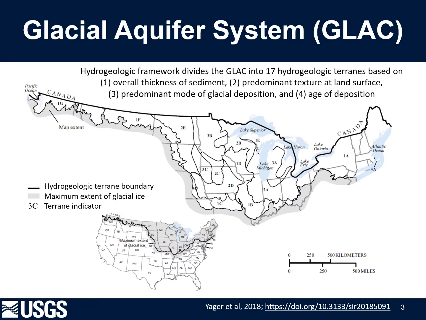The glacial aquifer system is actually a collection of aquifers that extends under parts of 25 states. It's the largest source of domestic and public drinking water supply in the U.S. To help quantify water quality in the glacial aquifer system, the system was divided into 17 hydrogeologic terrains based on overall thickness of the sediment, predominant texture at land surface, predominant mode of glacial deposition, and age of deposition.